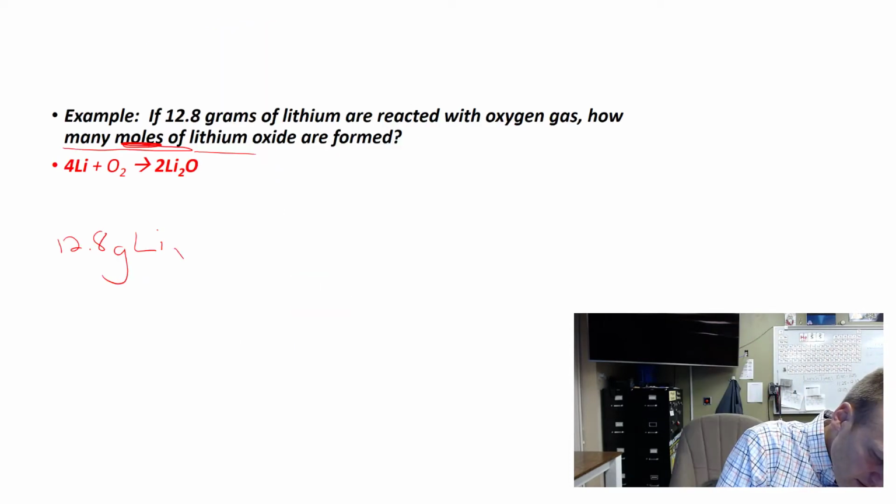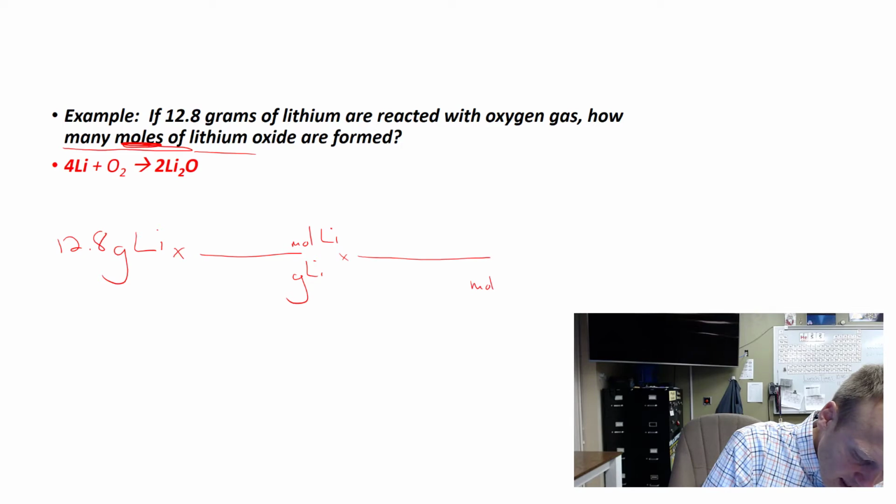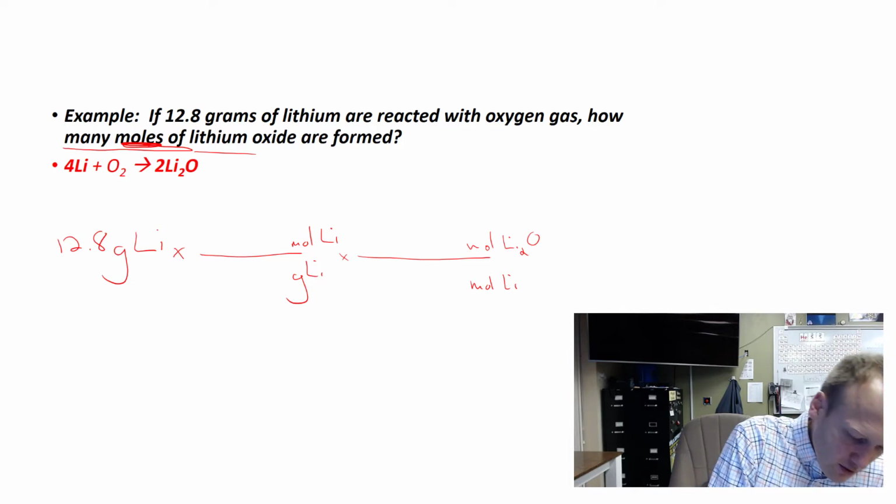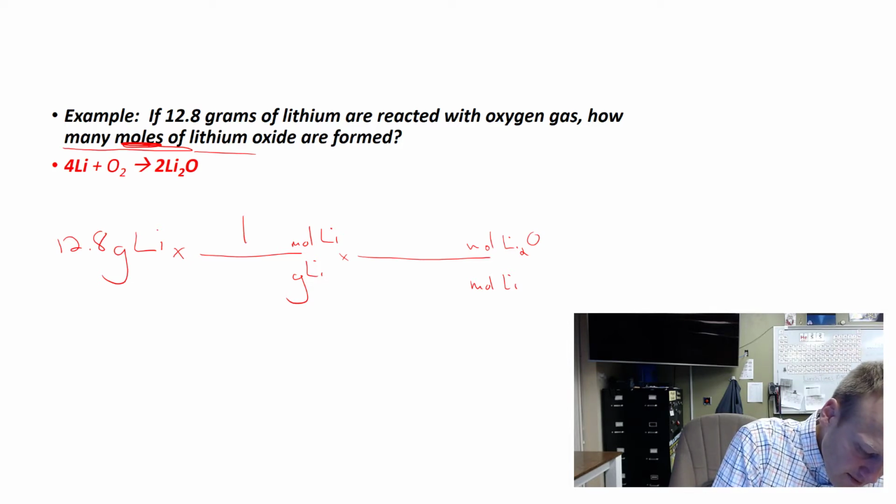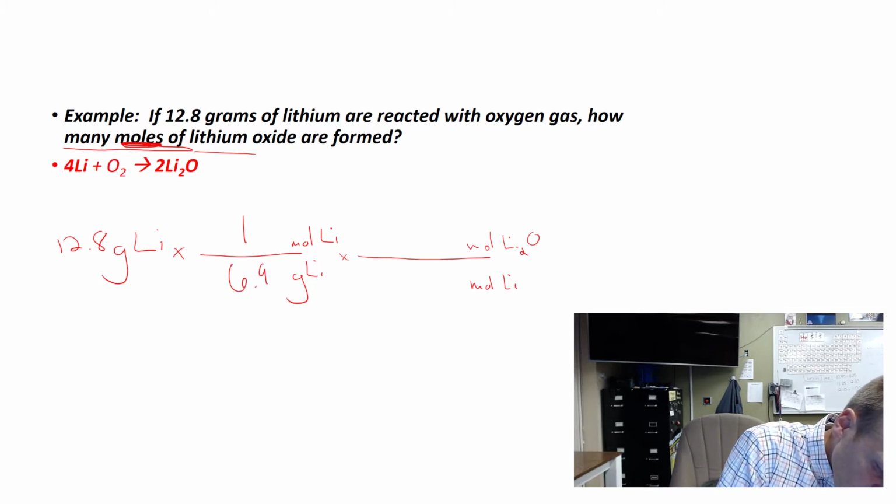So the first thing we're going to do is put grams of lithium down here and moles of lithium at the top, and then moles of lithium down at the bottom to moles of our new substance at the top, which is lithium oxide. Now we need our equalities. 1 mole of lithium is equal to the molar mass of lithium in grams, which is 6.97.